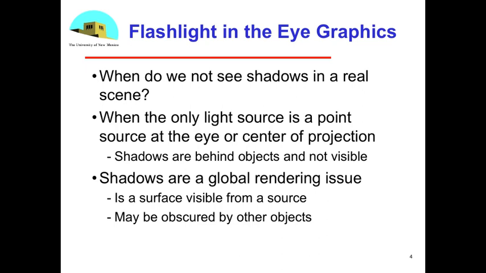The answer would be that only if the light source, let's assume an ideal point source, was right in your eye or directly behind you, because then the shadow cast by objects that you're seeing would lie directly behind those objects as seen by you, and there would be no shadows. So the flashlight in the eye idea is that the light source, the flashlight, is right there in your eye while you're viewing it.